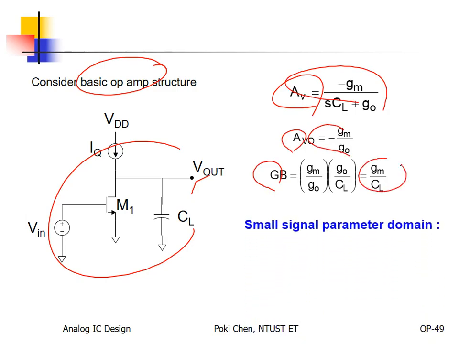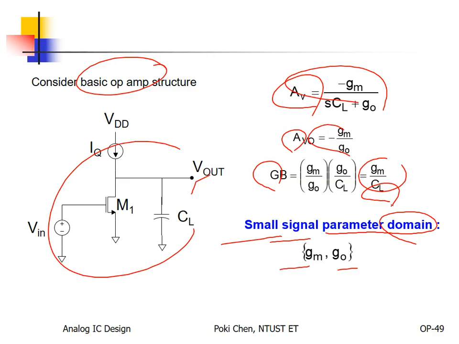So Professor Geiger told us about this small signal parameter domain. We have gm and go. That's the most important. Because the load capacitance is some kind of parasitic, it is not designed by us.